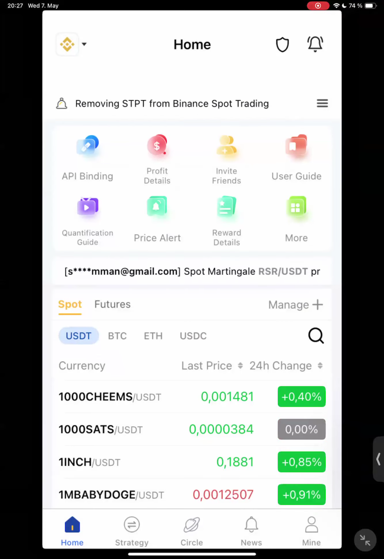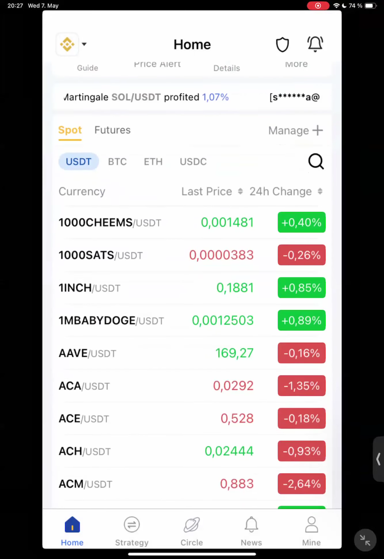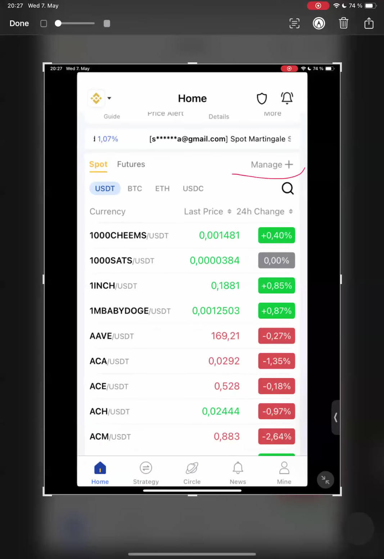Another one, RSR. So all of us, our profit is being shown over there. Whether it's spot or on whichever market, it will still show it over there. All right. Now let us go to this part. So I already explained here.